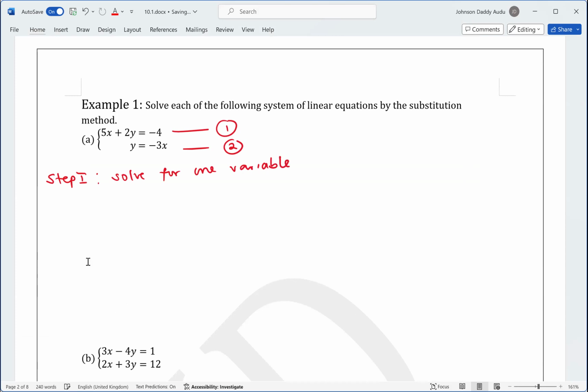Remember, we're using the substitution method. So here, you can already see that from equation 2, we already have y equals -3x. This is already good because you have one variable on one side and the other on the other side. So this is from equation 2, right? Now, step 2.